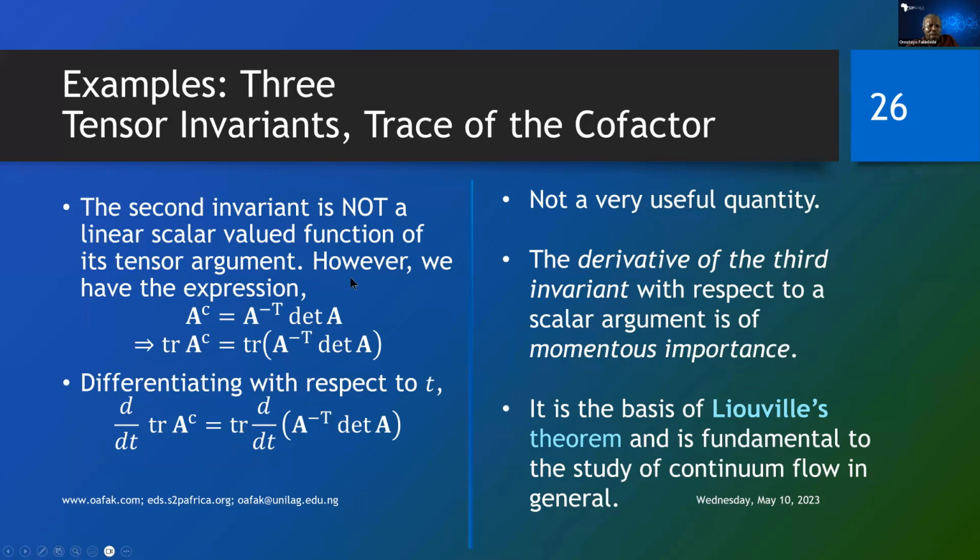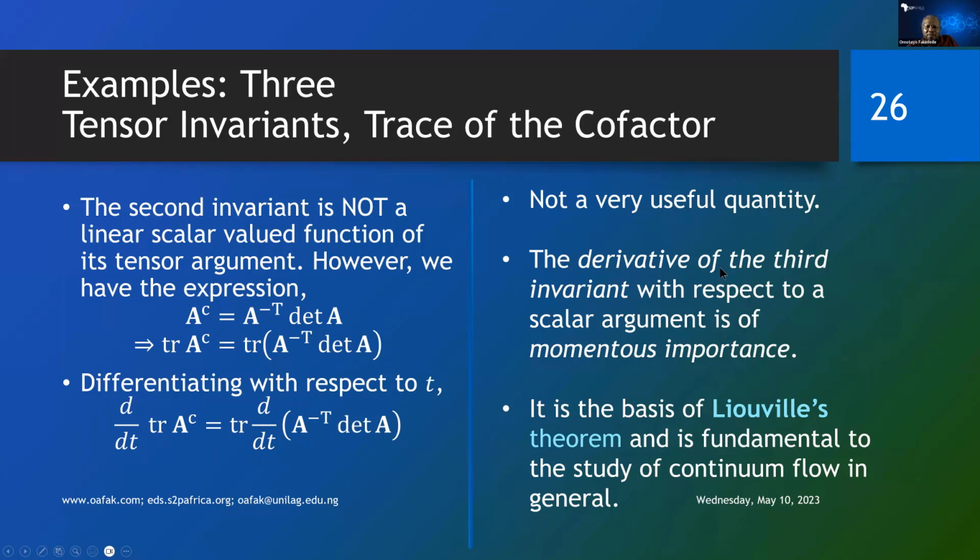However, we have the expression for the cofactor of A, which is the inverse transpose of A multiplied by the determinant of A. So the trace of it is the trace of this whole thing. If you want to differentiate it, since the derivative of a trace is the trace of the derivative, you have this. But as we said, it's not a very useful quantity.